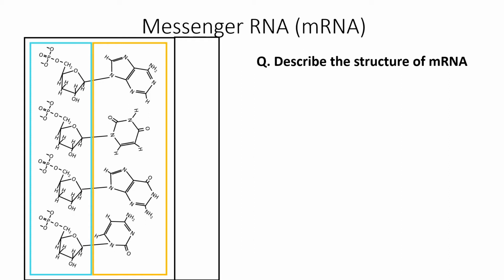On the right-hand side in the orange colored box, you have each of the bases that is attached to each of the nucleotides. As a consequence, this is actually single stranded. The other thing is that there's no thymine there, there's actually uracil. And what we have there is a single stranded messenger RNA structure.